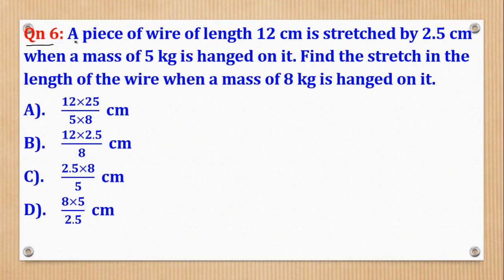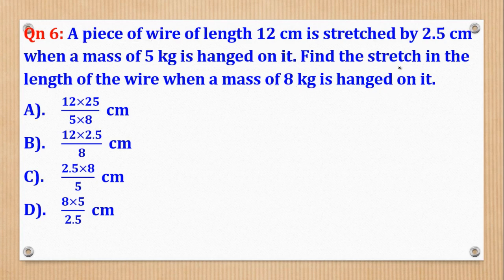Question 6. A piece of wire of length 12 centimeters is stretched by 2.5 centimeters when a mass of 5 kilograms is hung on it. Find the stretch in the length of the wire when a mass of 8 kilograms is hung on it.